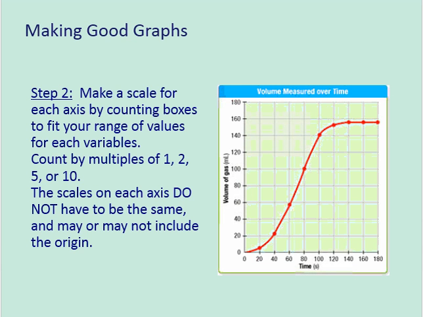And last but not least, you also don't have to include the origin. If the origin is a point or close to a point, at 0, 0, that's great to have. But if your data is really high, your numbers are very large, you might choose not to have the origin, the point 0, 0, as the intersection of your axes. But if you do that, please make sure that the axes are scaled consistently from whatever you make your origin point be.